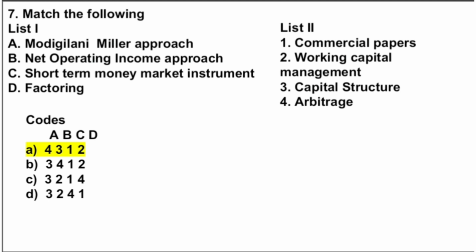The Modigliani-Miller approach is a part of capital structure, and it also includes the arbitrage process. Arbitrage means, for example, there are two firms, one overvalued and one undervalued. The investors of the overvalued firm will sell their shares and try to buy the undervalued shares of the other firm.